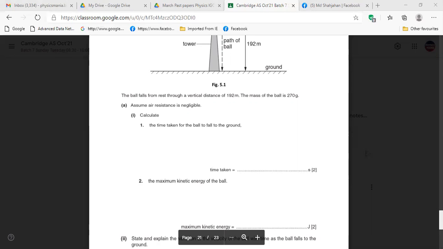Then kinetic energy, the maximum kinetic energy of the ball.